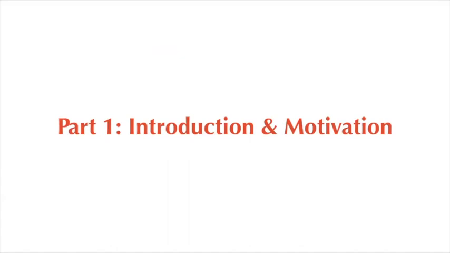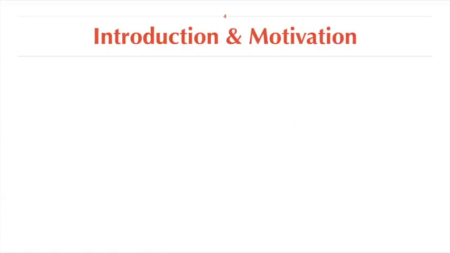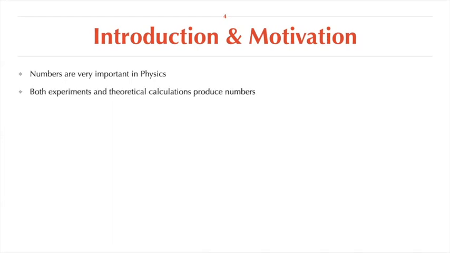Okay, so first, let me introduce this and motivate you a bit. We know that numbers are very important in physics. All sorts of theoretical predictions and also experiments produce numbers.